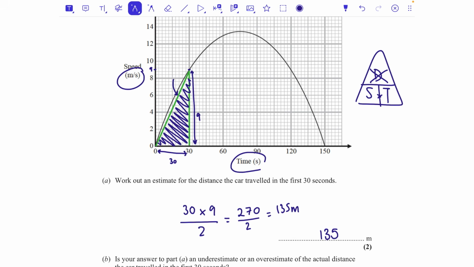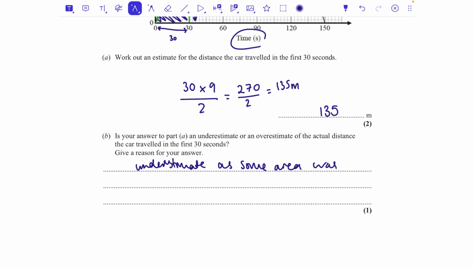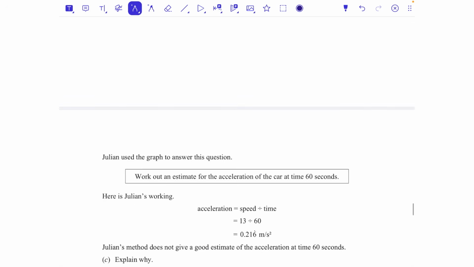So our answer is going to be an underestimate. I'm going to say underestimate as some area was not included in our calculation. Fabulous. There we go. 3 marks for that.